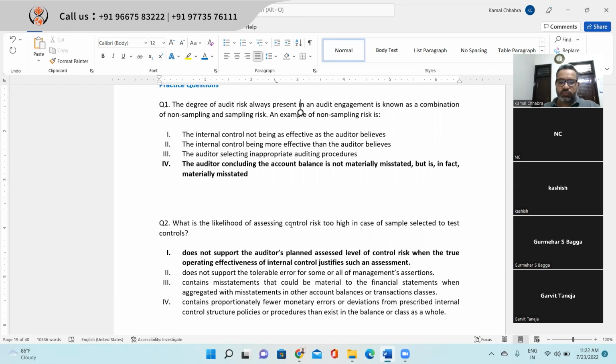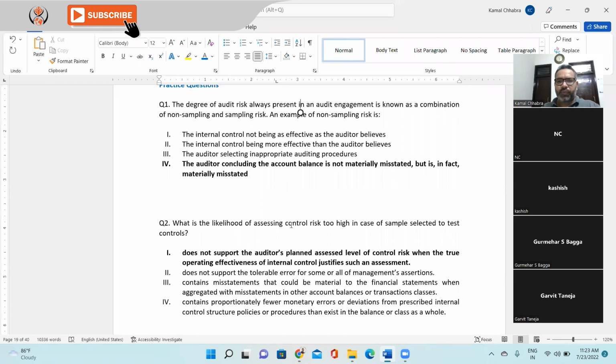Let's just consider the first option, internal control not being as effective as the auditor believes. Let's say we picked up a sample, it is 100% correct, and since that sample is okay, we concluded everything is okay, but the rest of the population is not okay.